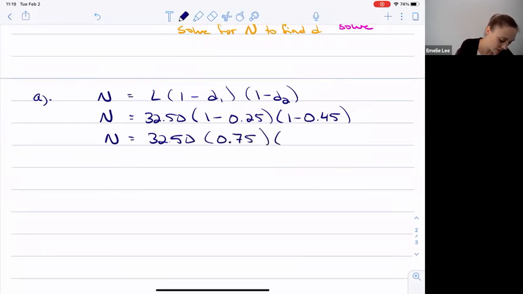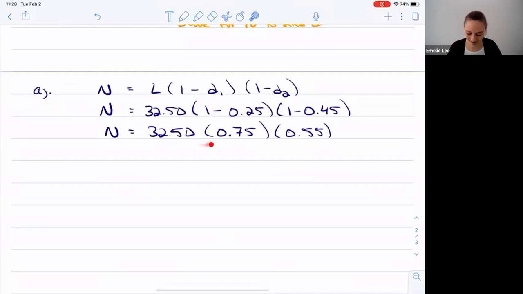And then 1 minus 0.45 should be 0.55, but let me just check. No harm in checking. I've just got a calculator on the side here, so I was going to say I'm cheating. That's not cheating. Now I can multiply this out, right? And so I get 0.55 times 0.75 times 32.50.